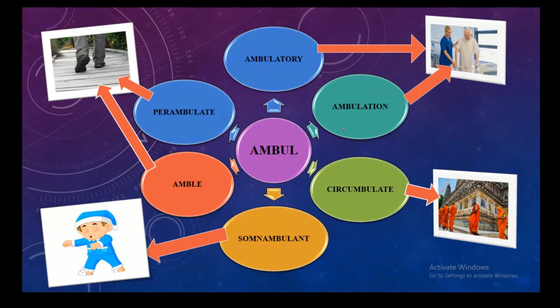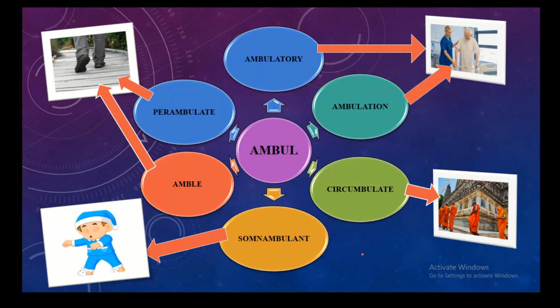Okay. Next one, circumambulate. Circum meaning walk all the way around or go in a circle. See the picture. Here some devotees are circumambulating the temple on the Pradakshina path, isn't it? So here we can see this is circumambulate.